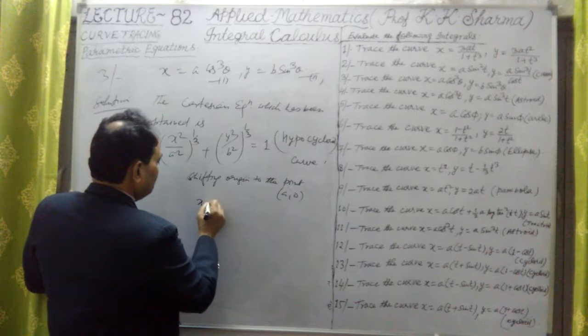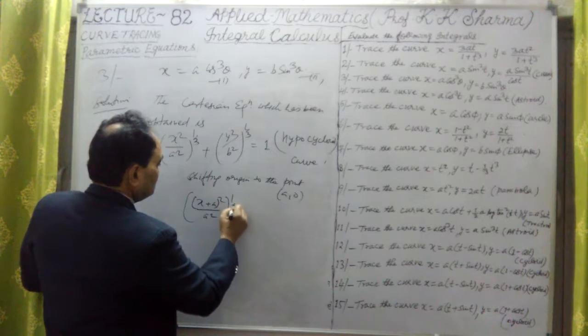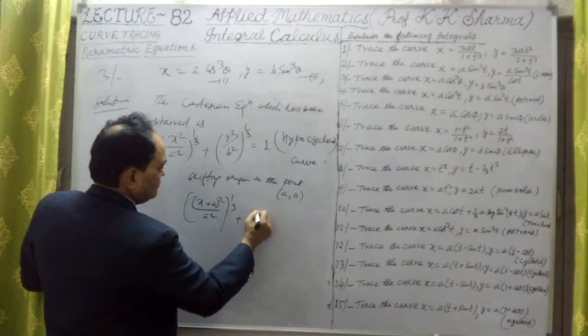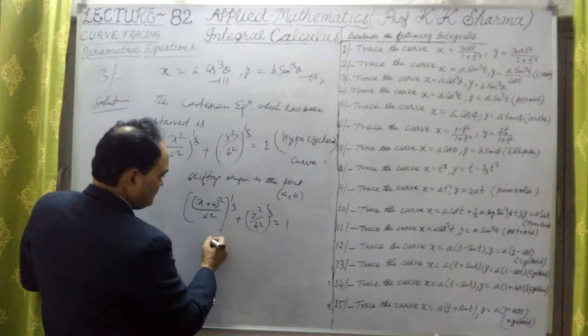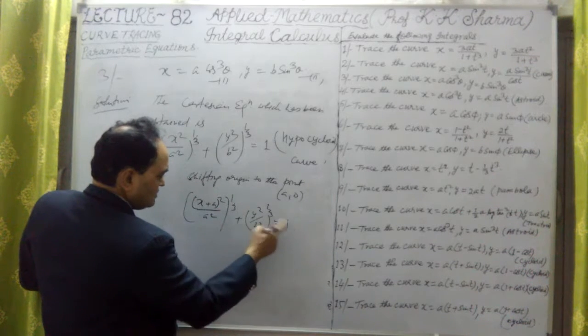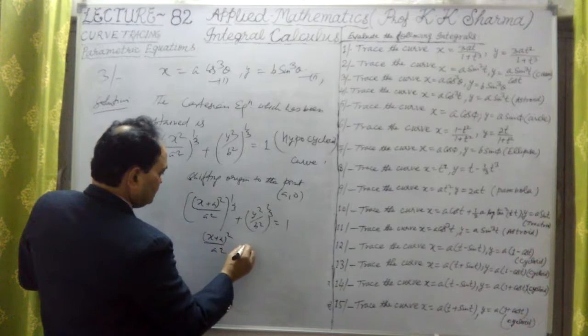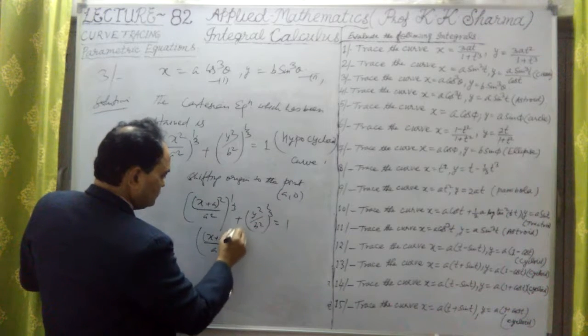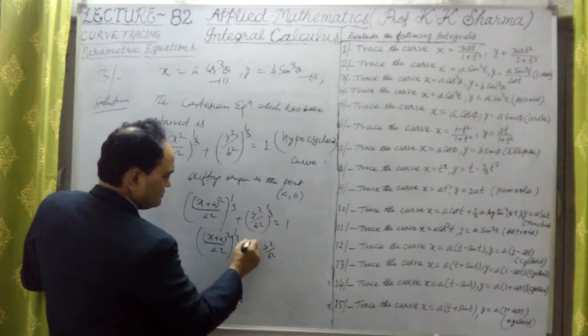This is x plus a upon a square, and this is also whole cube, and this is the same value, y square upon b square whole cube is equal to 1. Solving this equation, we will get x plus a whole square upon a square, and this is whole cube also, equal to 1 minus y square upon b square.